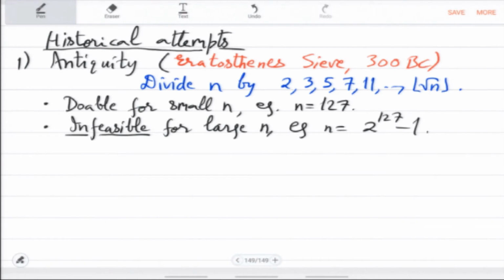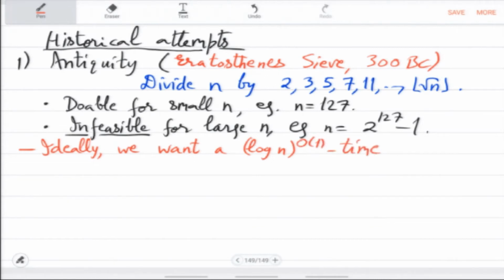So those were the methods known classically. Okay, complexity wise, ideally we want a log n to the constant time algorithm.